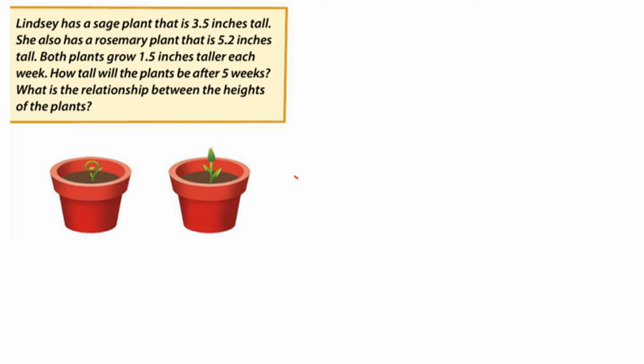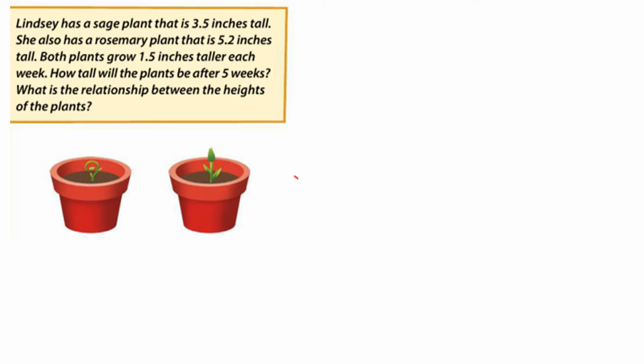Both plants grow 1.5 inches taller each week. So what is the rule of our question here? Exactly, plus or add 1.5, because he said both plants, the sage plant and the rosemary plant, grow 1.5 inches each week. How tall will the plants be after 5 weeks?